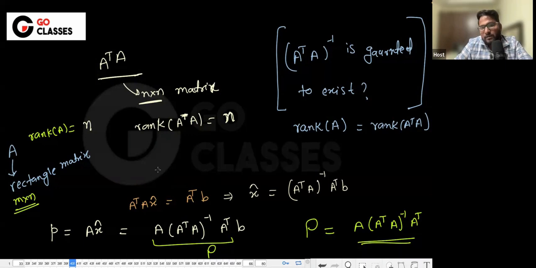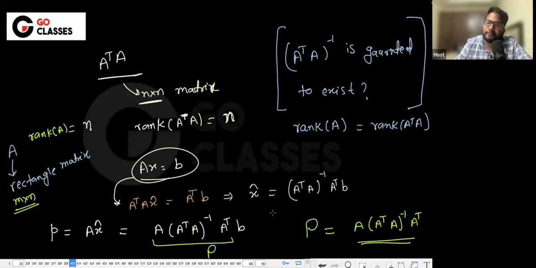So instead of solving Ax equal to B, we will be solving A transpose A x cap equal to A transpose B.